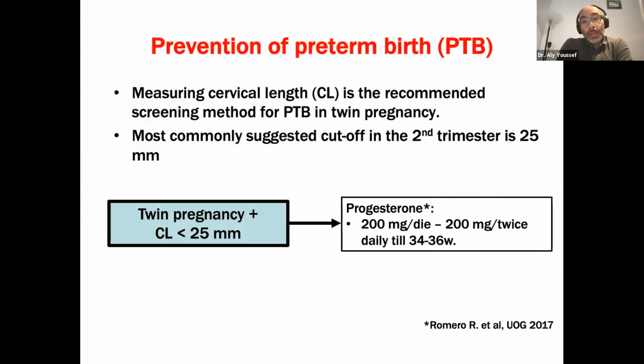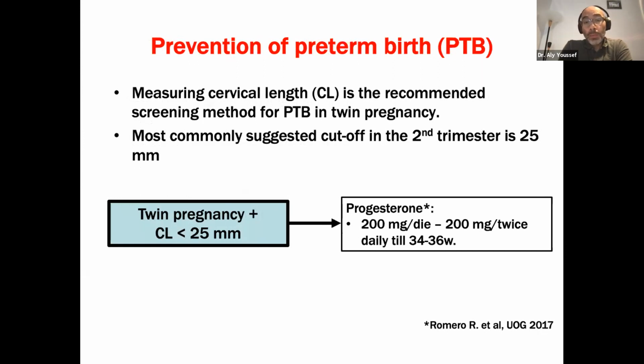Another interesting aspect is the prevention of preterm birth. One of the main problems of twin pregnancies is the risk of preterm birth, whether spontaneous or iatrogenic. It has been discussed for a long time, and it is still a matter of debate, how to prevent preterm birth in twin pregnancies.